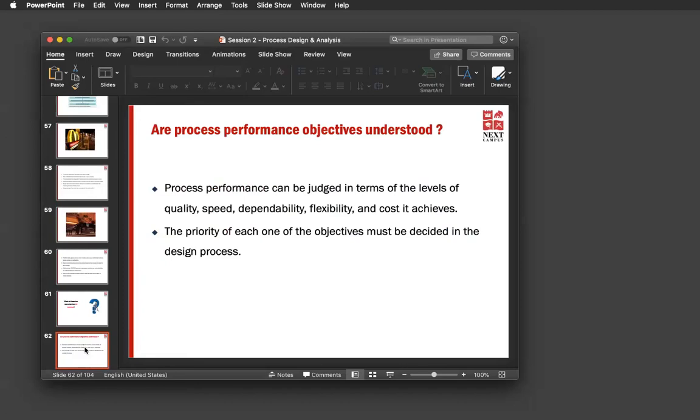Flexibility? Quality? Or internal costs? So your layouts and your processes would be dependent on the decision that you make regarding the performance objectives that your organization is going to pursue.